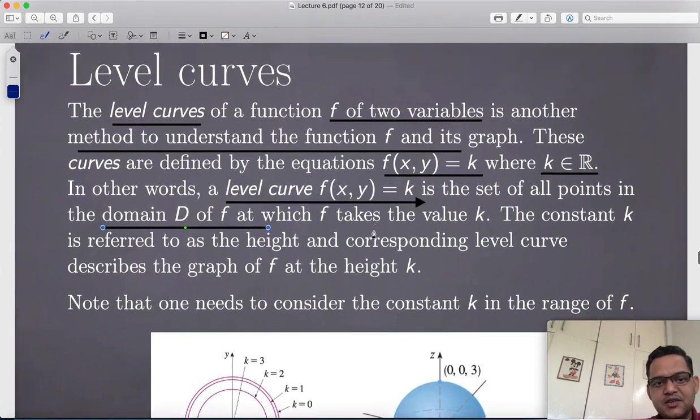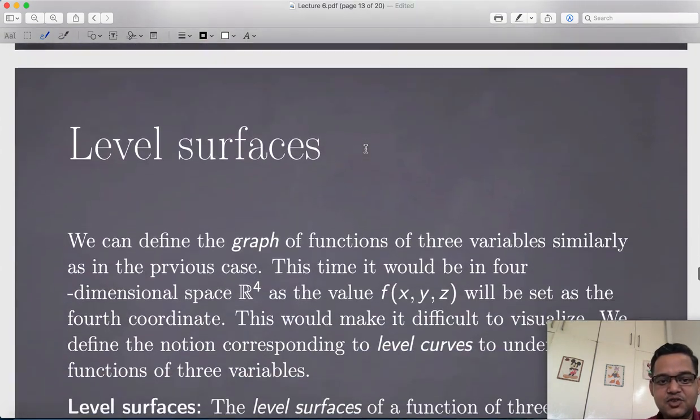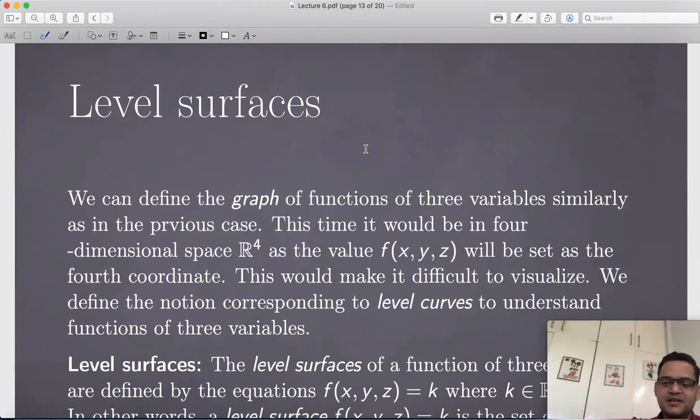Now the corresponding notion can be defined for functions of 3 variables as well. But you will immediately notice, when I go to the next dimension, that when functions depend on 3 variables, the graph is going to be something in a 4-dimensional space, correct? Because I will have x, y, z, and then the value of f.